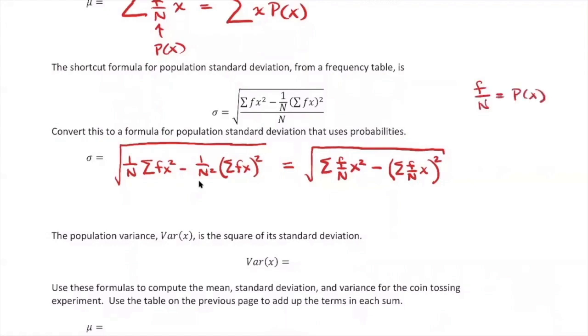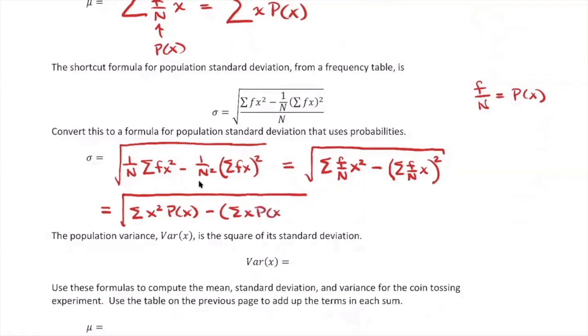That's just a probability. You can finish this up by saying, oh, well, that is just the sum of x squared times p of x minus, in parentheses, the sum of x times p of x, quantity squared.